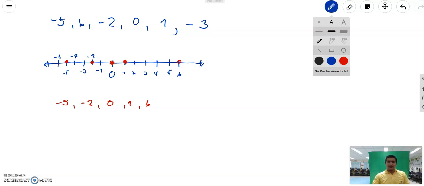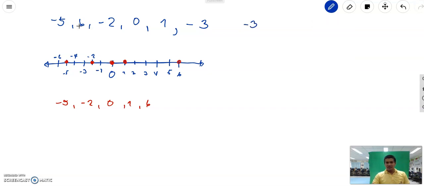For example, the given values are negative 3, 2, 5, 7, negative 1, and negative 5. Okay, let's represent that one in the graph.